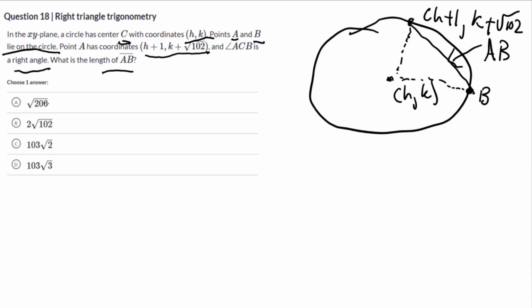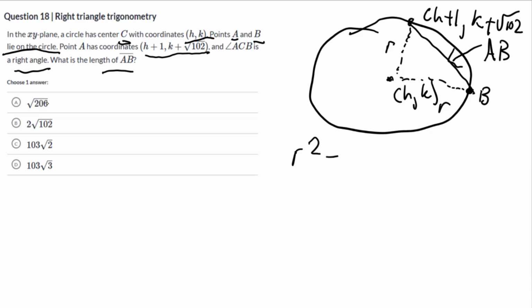So the first thing I noticed right away is that the distance from the center to each point is equivalent. That means we can use the Pythagorean theorem to find what AB is equal to.